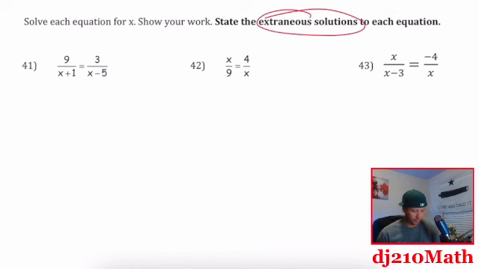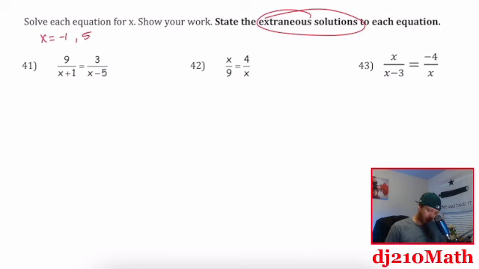So for instance, for 41, right away the extraneous values, as they put it, are X equals -1 and X equals 5. If X is either -1 or 5, then the problem is no solution, right? Because it's undefined. It would make the denominator 0. So these are the excluded values. We exclude these numbers from whatever answers we get.